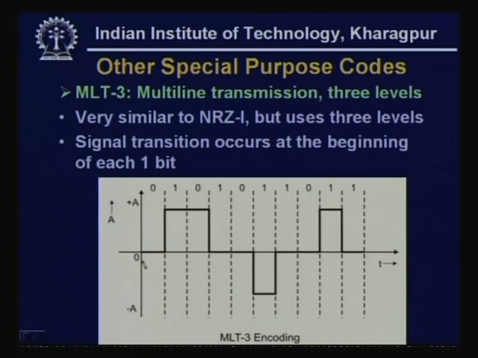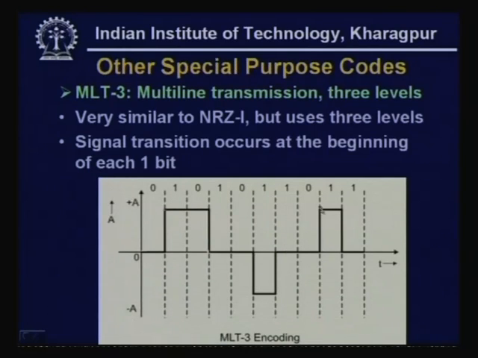So, here we see a signal transition occurs at the beginning of each one bit. Whenever it is a 1, it makes a transition from 0 to 1, and then from 1 to 0. So, we are using, say, 0 to plus 1, then plus 1 to 0, again from 0 to minus 1.